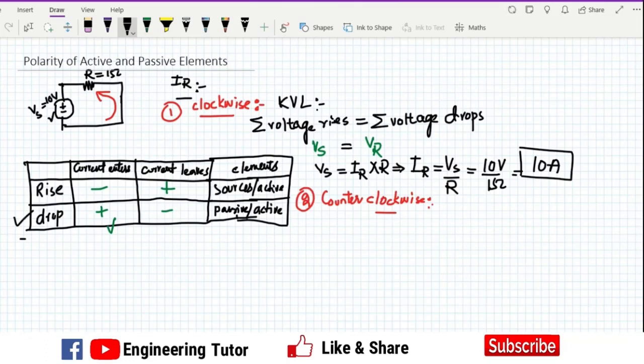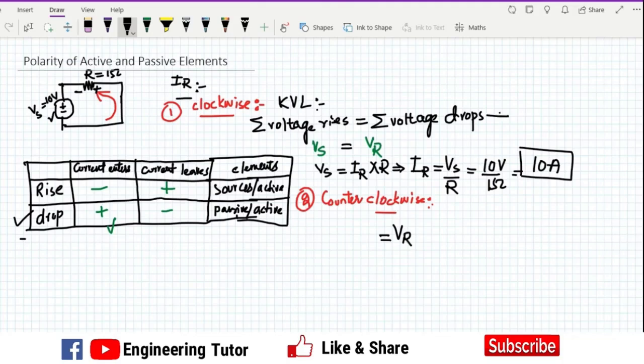So for the passive elements, the current always enters positive and leaves negative. Therefore, when it enters the positive and leaves to negative, it is the voltage drop, and it can be written here at this location.